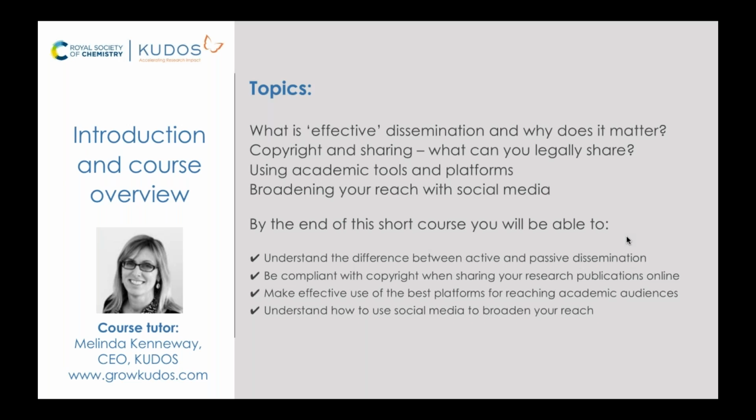And by proactive, I mean additional activities aside from publication that you might undertake to ensure your work gets found, read, and applied. After that, I'm going to provide a brief overview of copyright issues relating to online sharing of research publications in particular, and cover some of the publisher-led initiatives designed to support copyright compliant sharing.